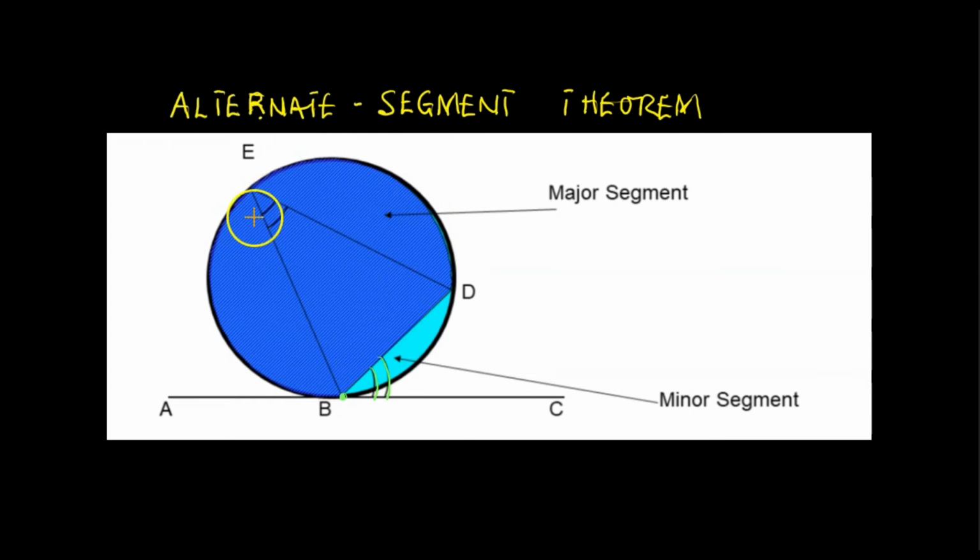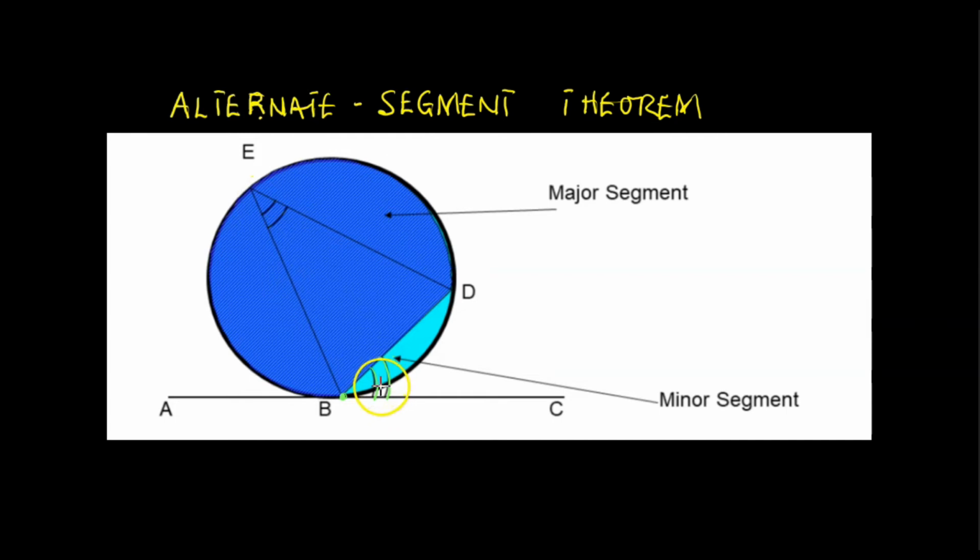Now, in the major segment, no angle has been formed yet, but if you draw any straight line to subtend at the circumference of that major segment on that chord, automatically the 2 angles there must be equal.